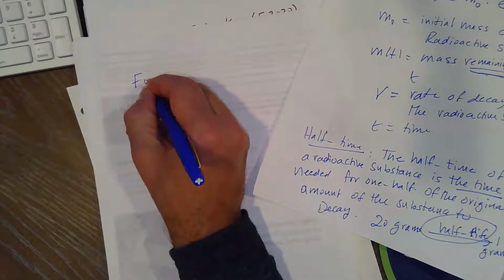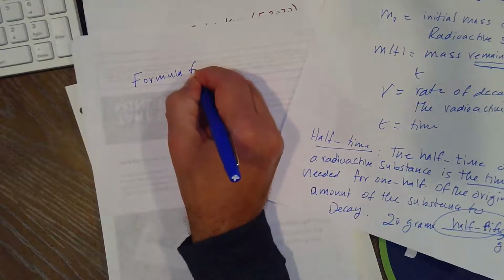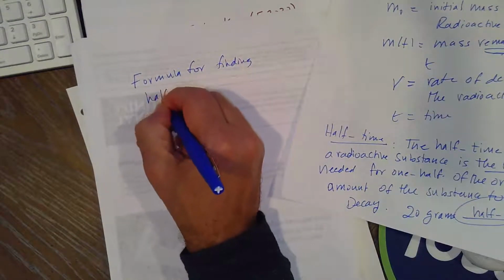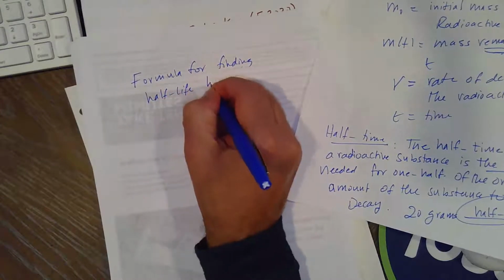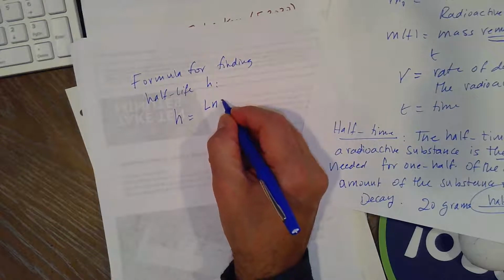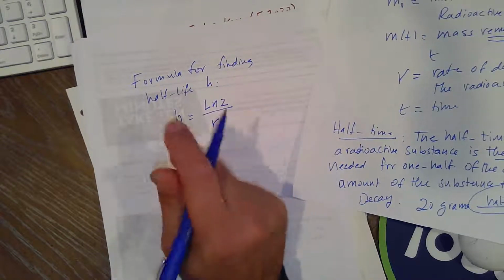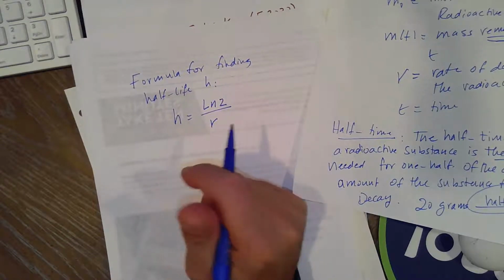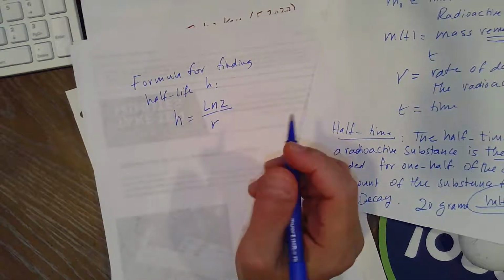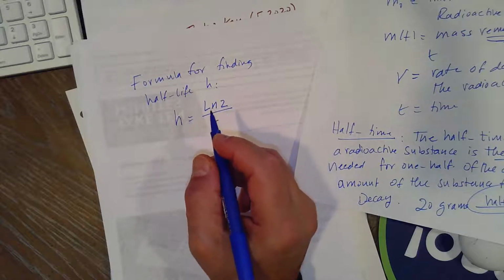And the formula for finding half-life, we'll use H for half-life, it's ln of 2 over r, where r is the rate of decay.